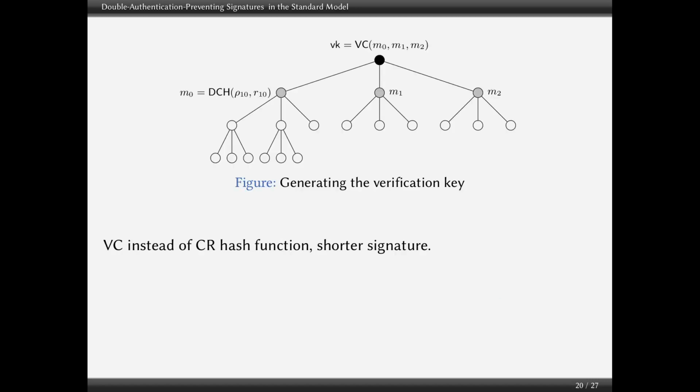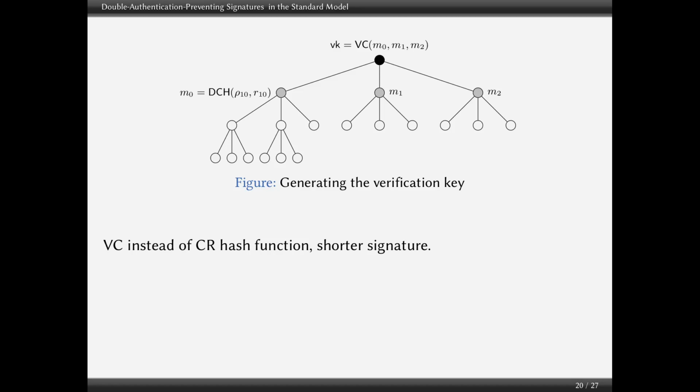Slightly more in detail, how do we generate the verification key in the root? Here it's similar to the Merkle tree. For the parent you compute the hash of the children, but using a hash function may not be the best way in a signature scheme. Why?